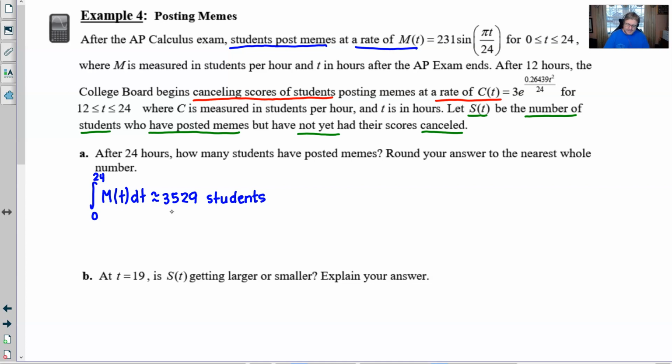At time 19, is s of t getting larger or smaller? Explain your answer. Well, before we can really say a lot about s of t, we are going to have to compute s of t. So in order to do that, we have to know that if S is the number of students who have posted memes, but who have not had their scores canceled, then that would be defined a couple of different ways.